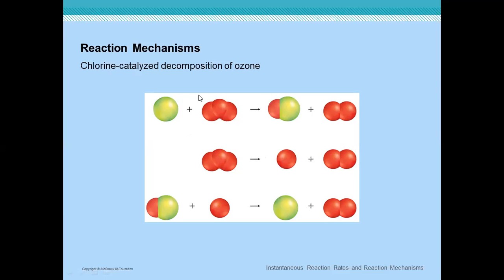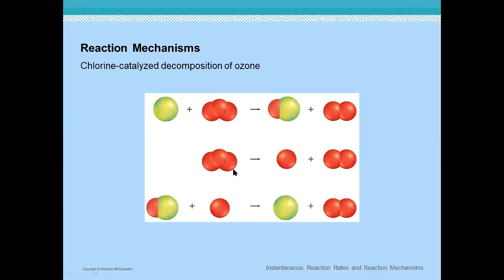So the chlorine atom combines with one oxygen atom to produce ClO, and the rest of the ozone gas will be an oxygen molecule, O2. So Cl plus O3 produces ClO plus O2.